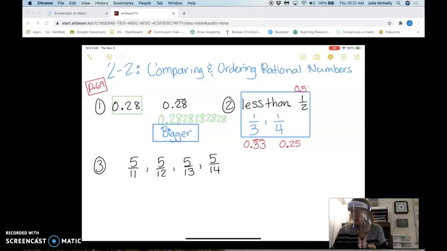And I'm going to add a 0 to this one. So now everybody has 2 places after the decimal, right? Which one is bigger? 50, 33, or 25? 50 is bigger. So we did it right. We made 2 fractions that are smaller or less than 50.